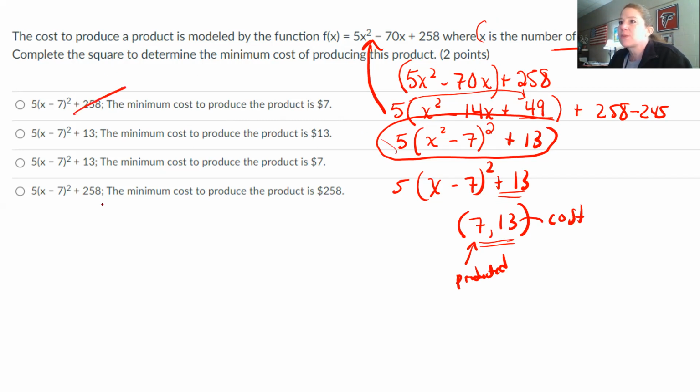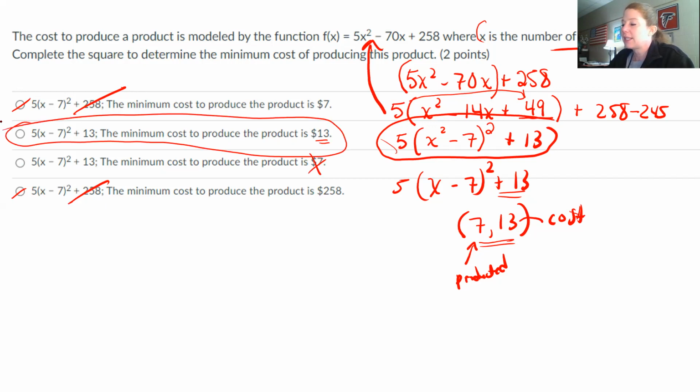This one's gone and this one's gone because they did not subtract 245, so we can automatically eliminate 2 of the answers. We know 7 is the products. It says the minimum cost to produce the product is, here's our cost right there. The other one says our cost is $7. That's not right, so it's got to be letter B.